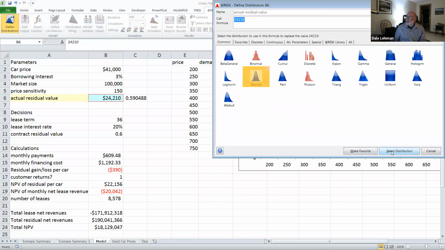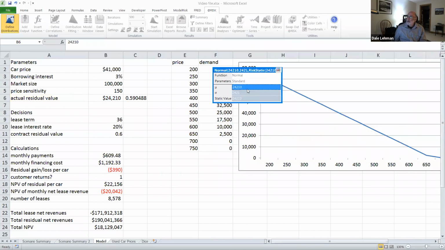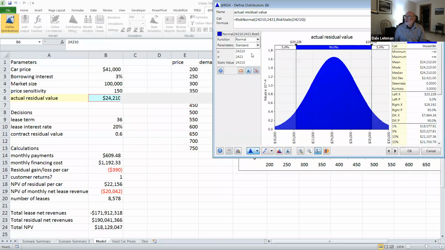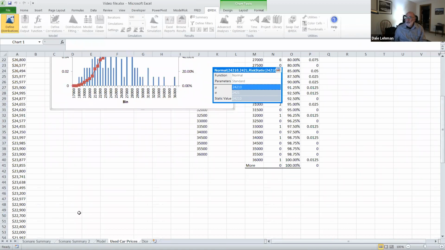Let's use a normal distribution, where the mean, and we've got it over here.